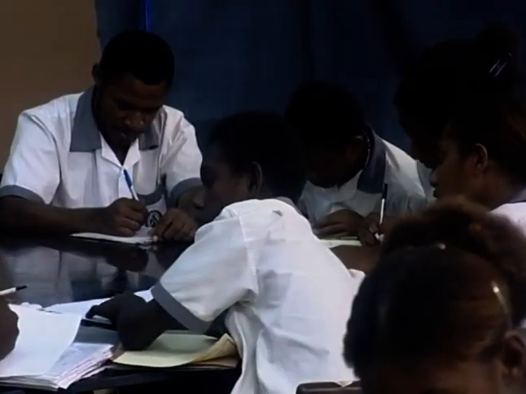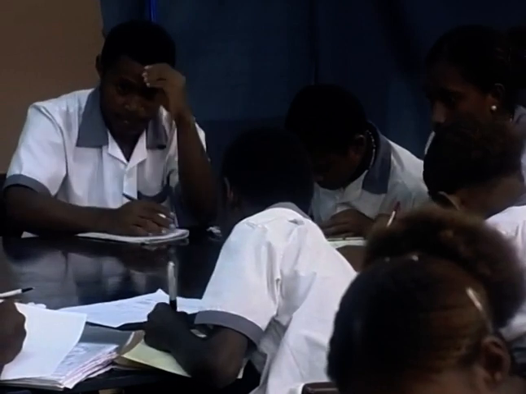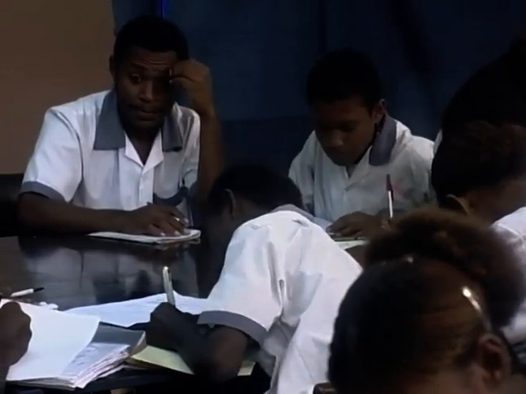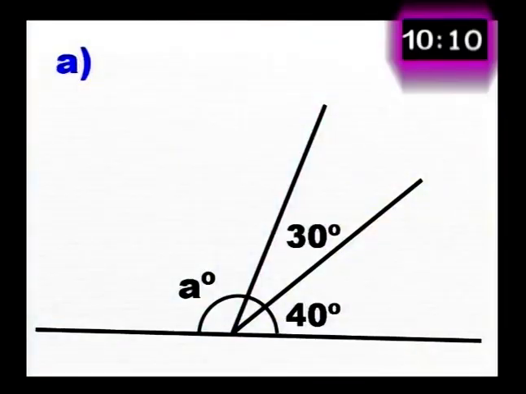Okay, we are going to work in our groups. Each group is going to have a worksheet to work on. All the group members should be contributing their ideas of how they can find the unknown angles. Okay? Now, all the runners come up here, get an A3 and then a marker.